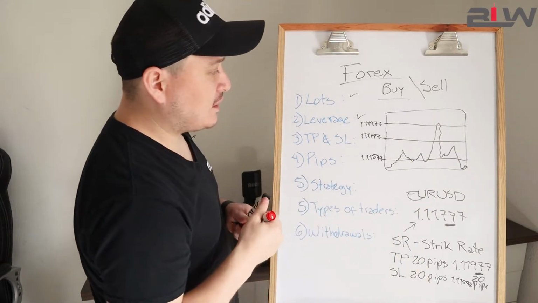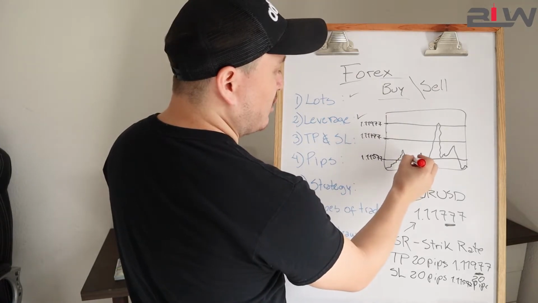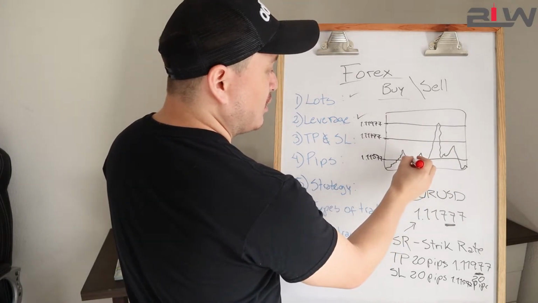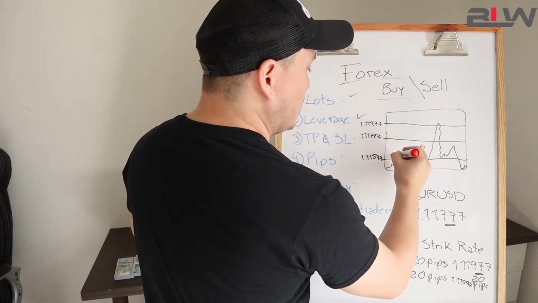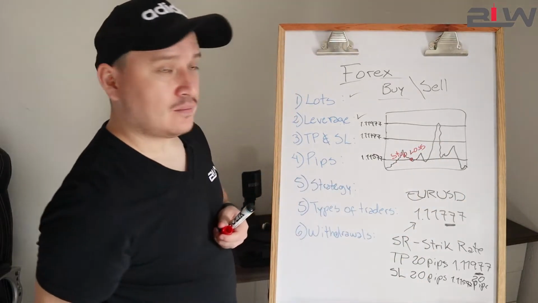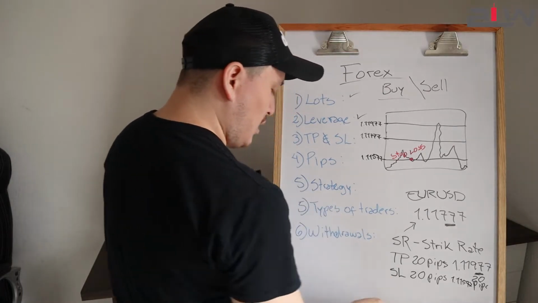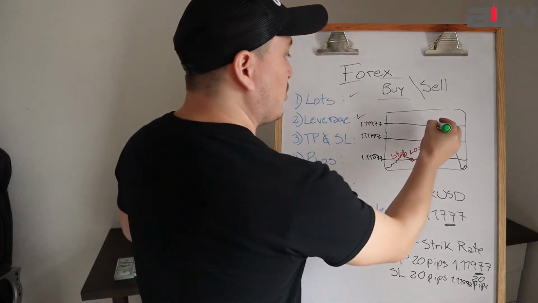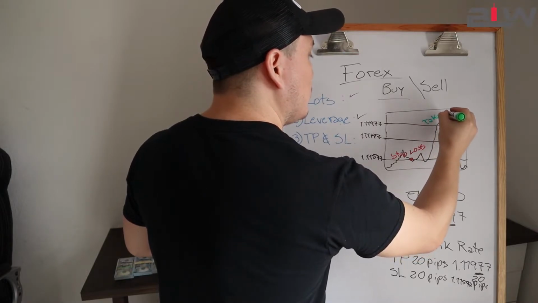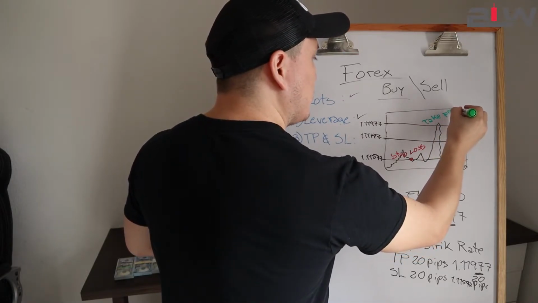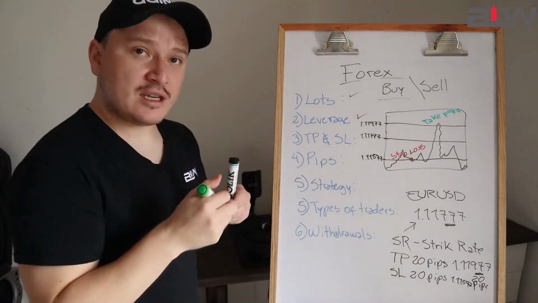If the price touches right here, like it did several times, this is a loss. It hit the stop loss, right? If the price touches right here like it did, this is the take profit. So it's a win.